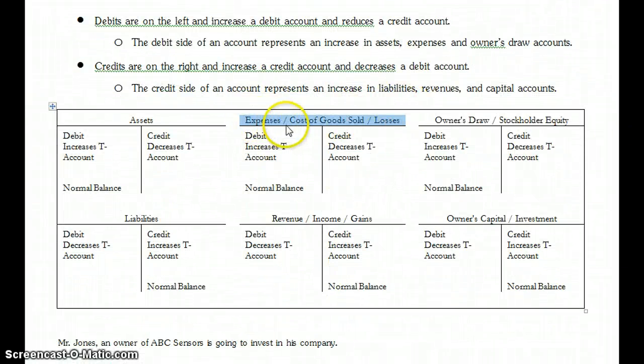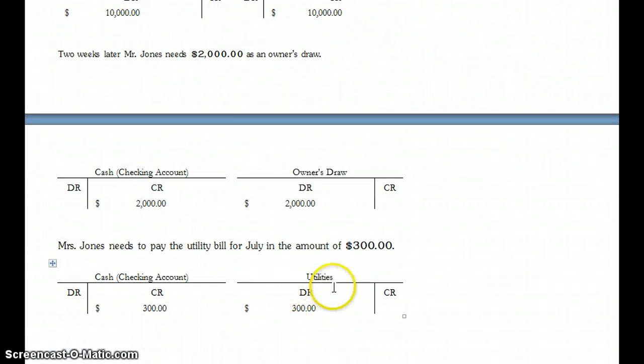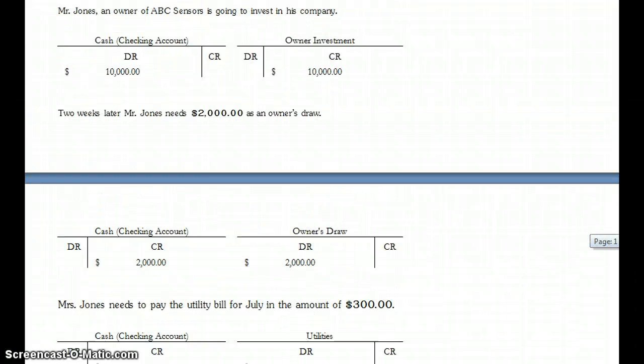Expenses are going to have a variety of different accounts, such as your office supplies, interest, auto, fuel. There's all sorts of different expense accounts. So we're going to be paying that bill of $300. So we're going to debit that account by $300.